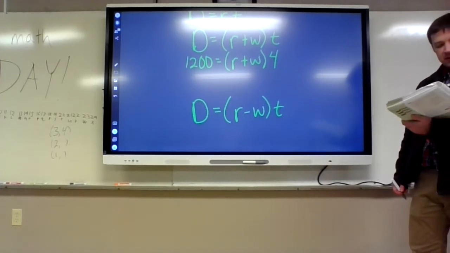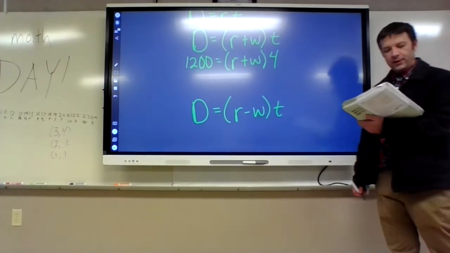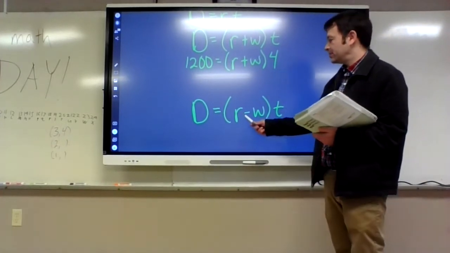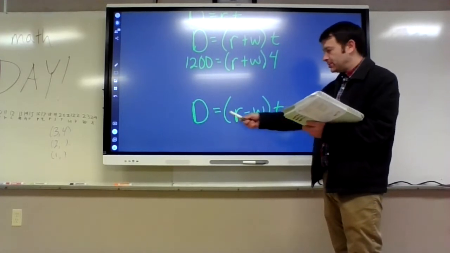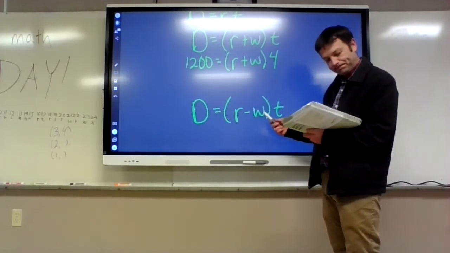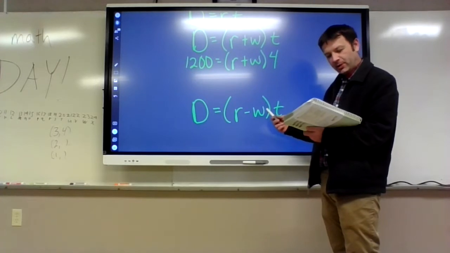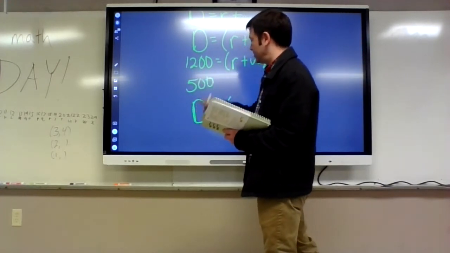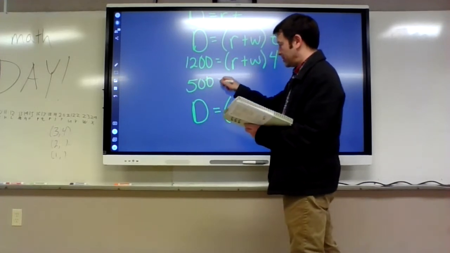Then on the second sentence, it says flying against the wind. So what does that mean? Subtract. Yeah, it's gonna be slowing us down, so we're gonna use this equation now. 500 nautical miles, so I'm gonna put 500 for the distance right there. And I think it said 2 hours.